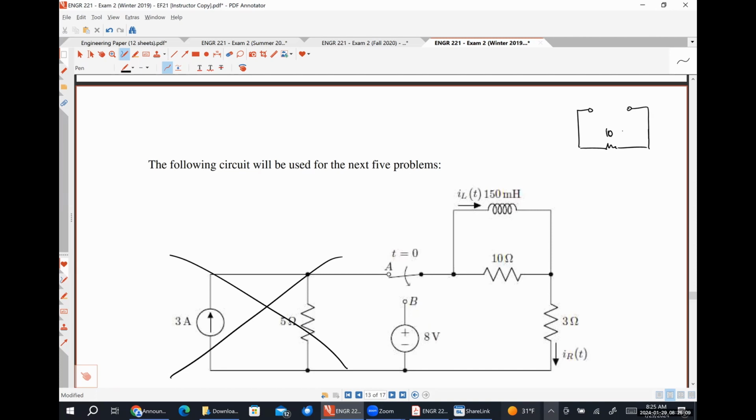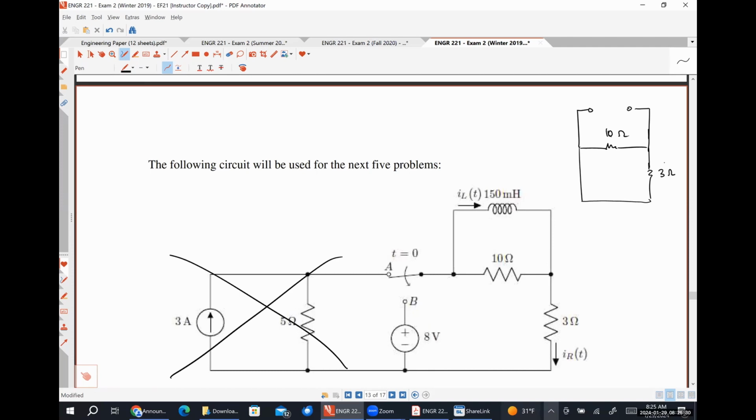Here's my 10 ohm resistor. And then my 8-volt source looks like a short circuit because we're looking for equivalent resistance. So we're always looking at a dead network.